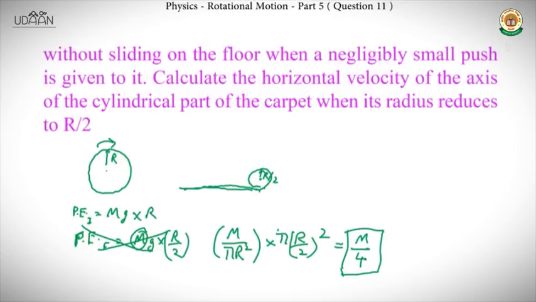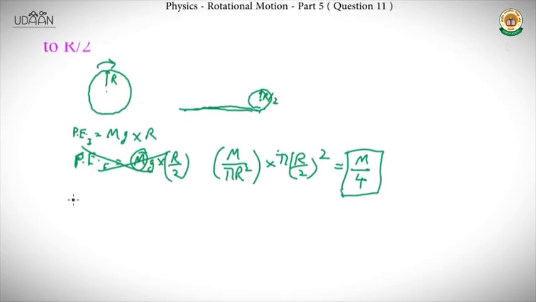Now the final potential energy: potential energy final will be equal to m by 4 into g into r by 2. This loss in the potential energy will be equal to the gain in the kinetic energy. Since the initial kinetic energy is 0, the gain in kinetic energy will be equal to the final kinetic energy.